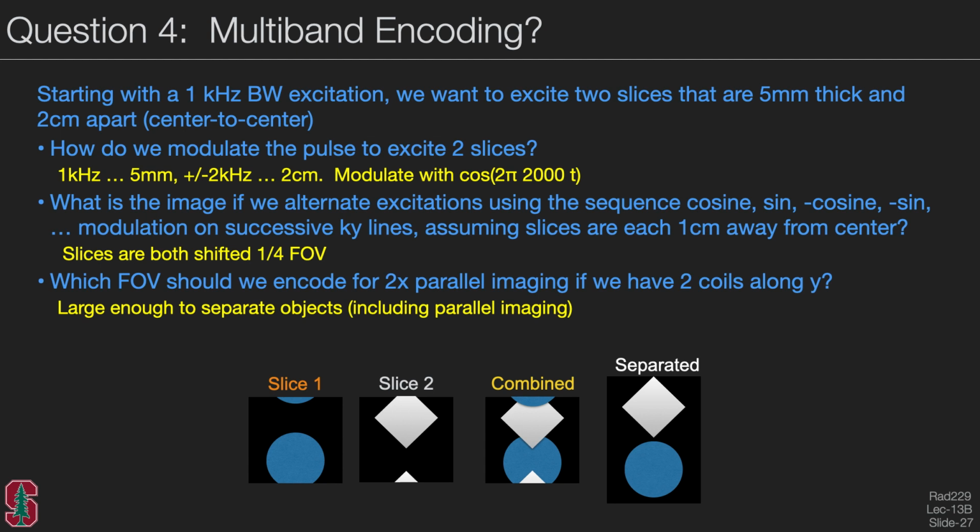So here you see that if given parallel imaging, we're able to support this field of view as shown here, we can completely separate these objects, and we're completely separating these slices. So this is an example of how multiband encoding is often done here, which is essentially using a 2D CAIPIRINHA approach, or essentially it's POMP with parallel imaging.